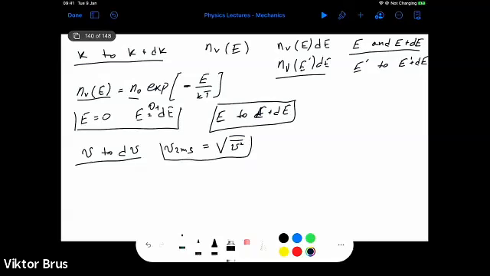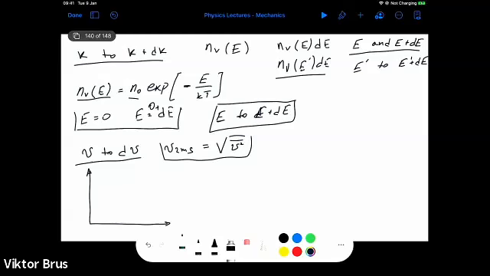Since it's some kind of average velocity, it should be somewhere close to the maximum of this distribution. And this distribution can be shown like this here.